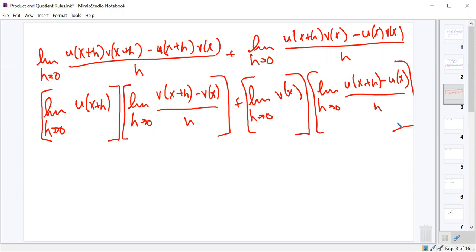Good? Which, as h approaches 0, what is u of x plus h equal to? Just u of x. And we already said that this one is the derivative of v. And then as h goes to 0, what's v of x?